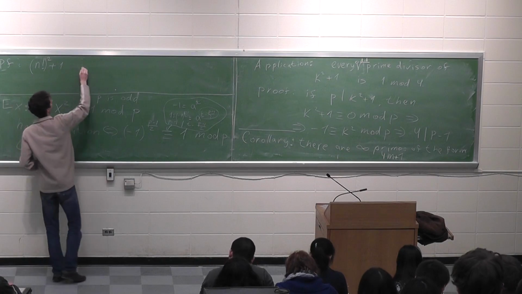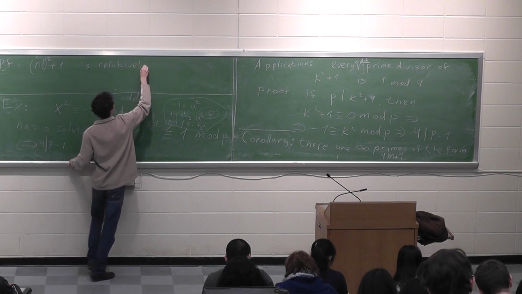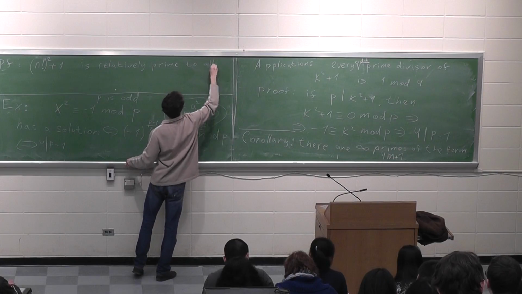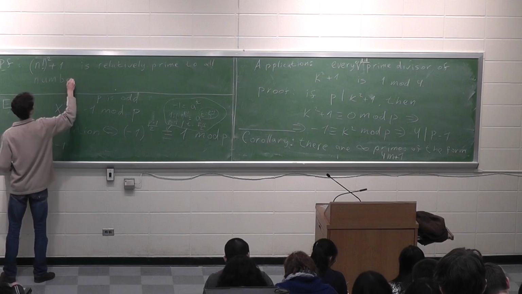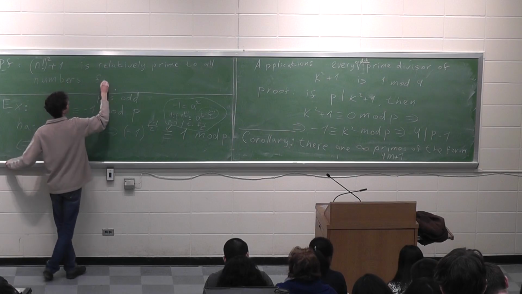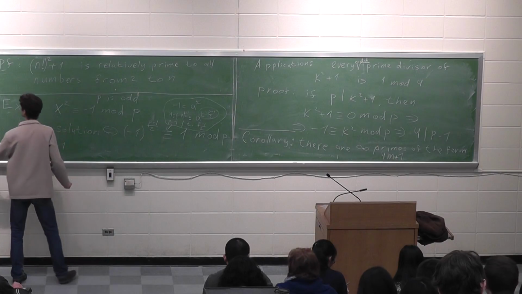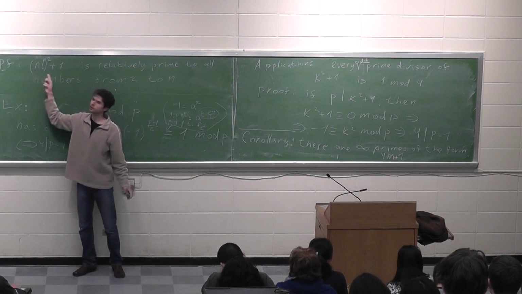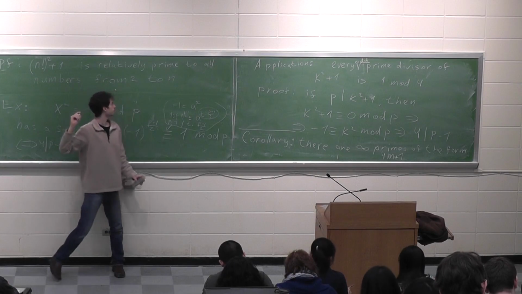So it's relatively prime to all numbers from 2 to n. It's because any such number divides n factorial squared, hence it does not divide the sum of this and 1.